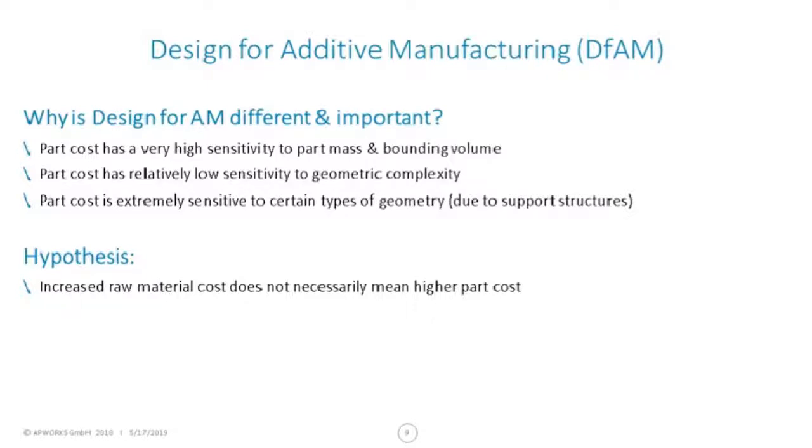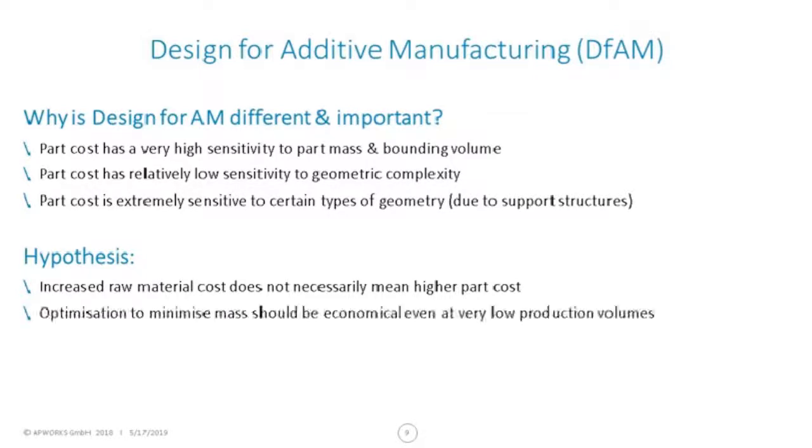So a high raw material cost does not necessarily mean a higher part cost, as long as you optimize to minimize mass. So if that raw material is more expensive because it has improved material properties, and you exploit those improved material properties through design to minimize the mass of the part, you can make not only a lighter part, but a cheaper part. And that's quite an interesting proposition.